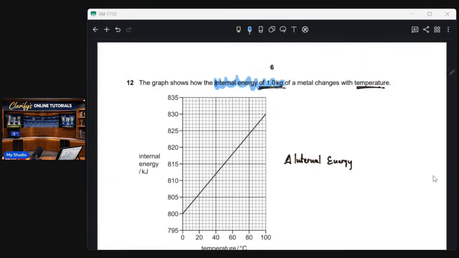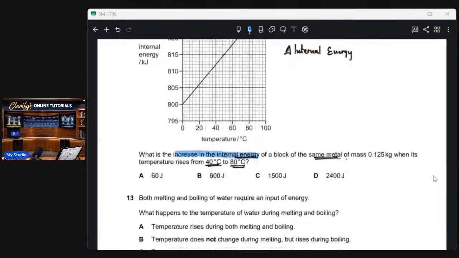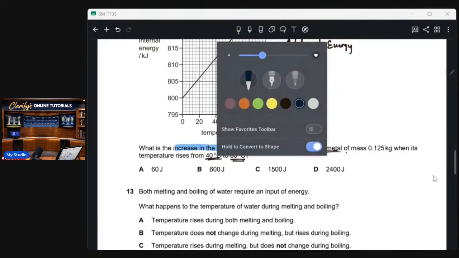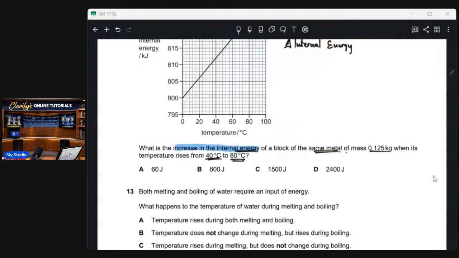Now, we are studying the same metal, but now it is mass 0.125 kgs. So now what we want to see is how much does internal energy change if you change the mass from 1 kg to 0.125 kg.